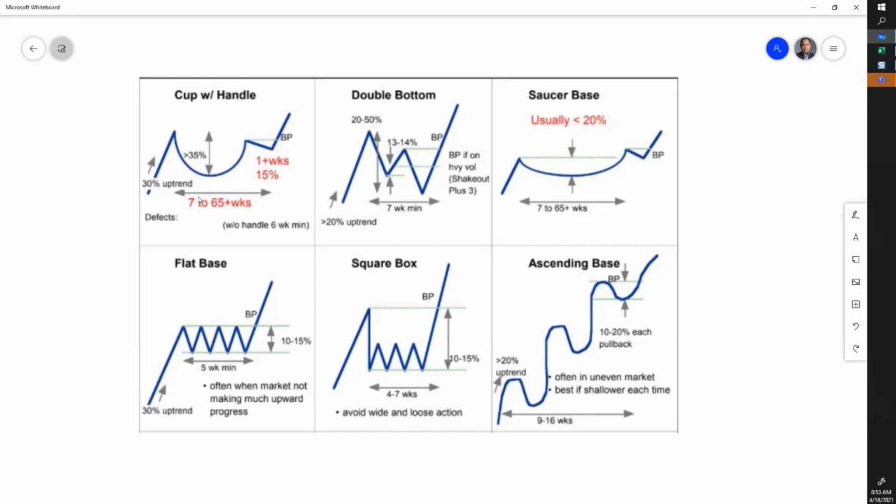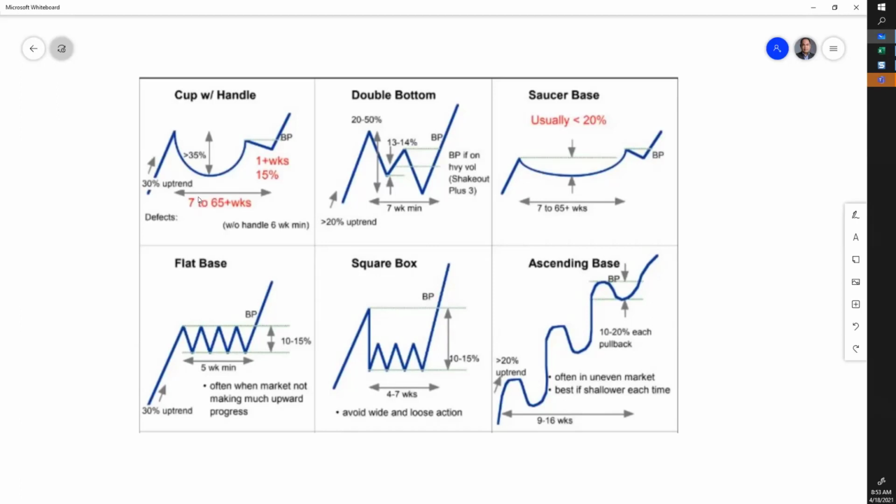So medyo maarte sila na there is a perfect way to form itong cup bases na ito. And there are imperfect ways of forming cup formations kung saan pag masyado siyang jagged, odds are the breakout is going to fail. May mga ganun sila mga nuances.